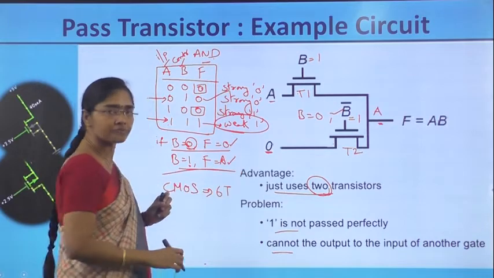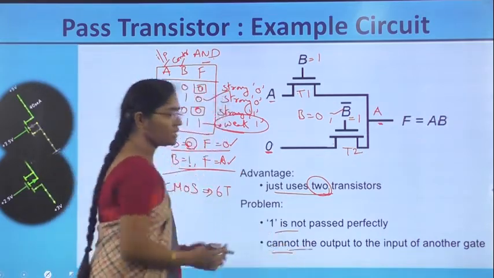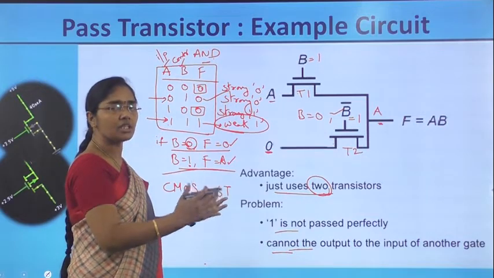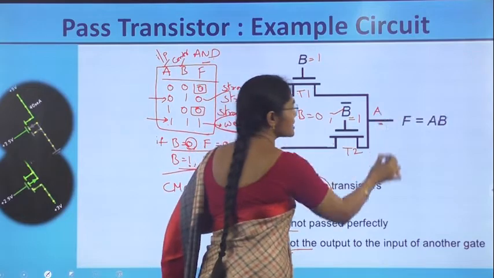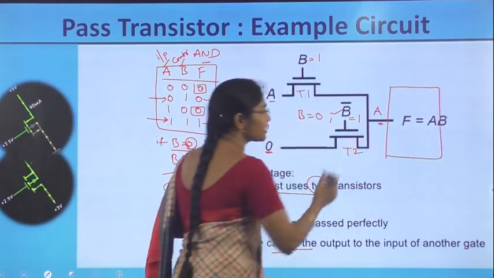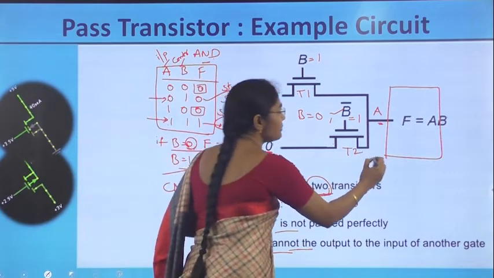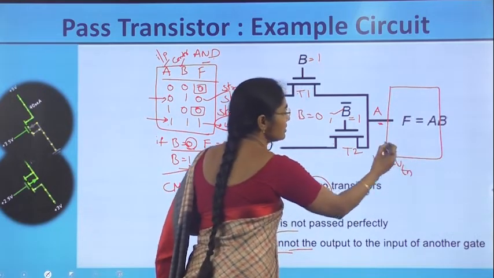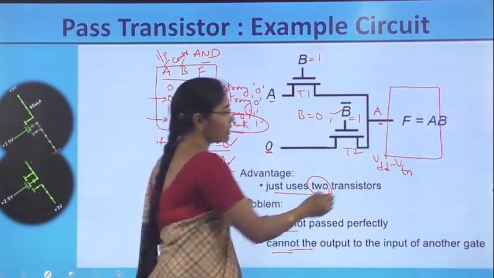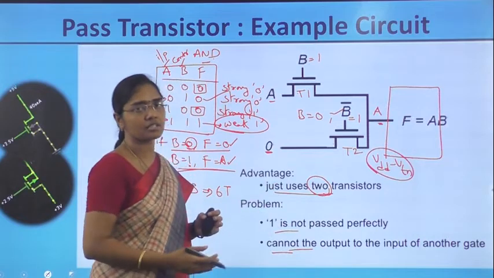This is the problem. So because of this problem, what is happening? It cannot be the input for another gate. Means in cascading, if another gate is connected here, for one case it is producing VDD minus VTN, whereas it requires 1, that is the VDD value. Therefore, it produces an error in the next stage.